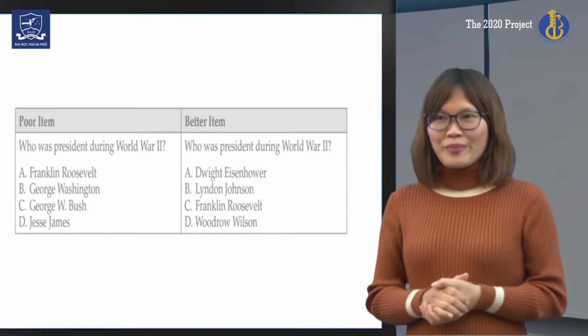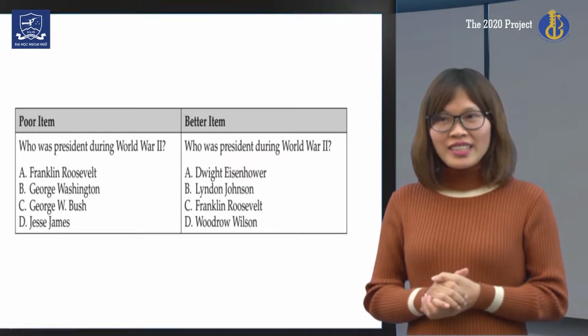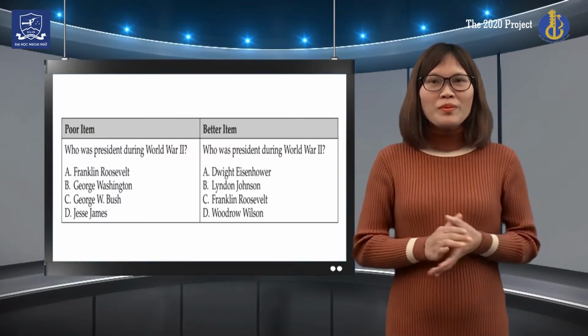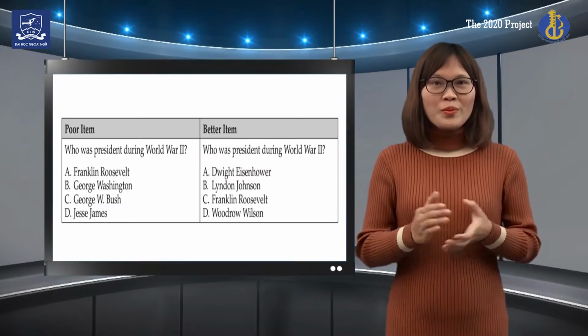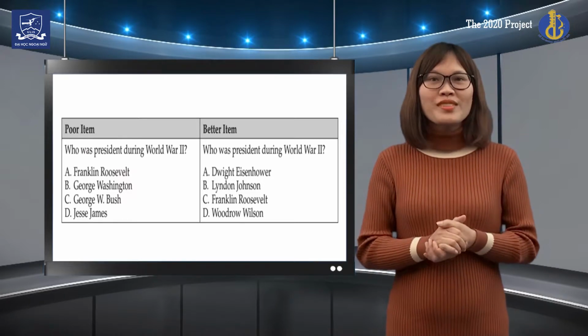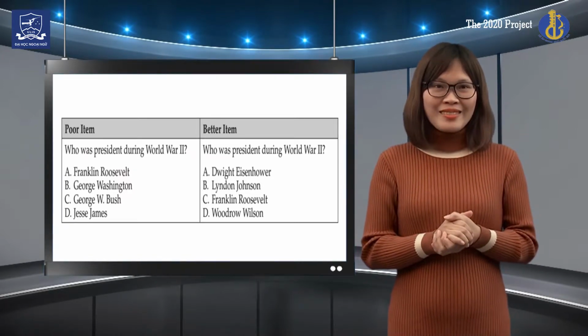Let's look at 2 examples. This item assesses student learning at the recall level. Students must merely know who the president was during World War II to be able to associate specific people with specific events.